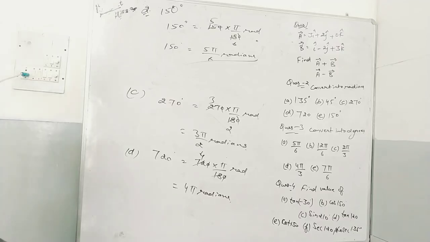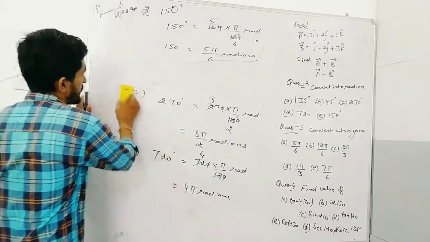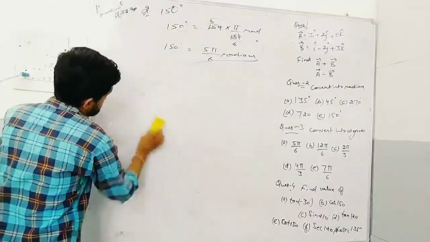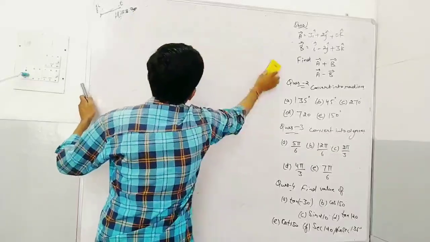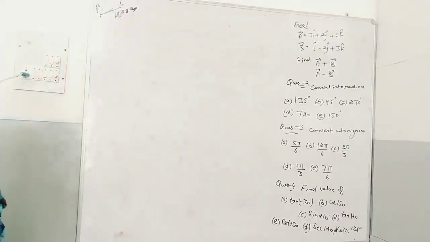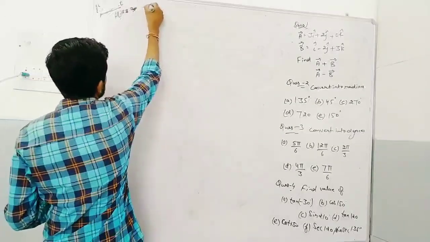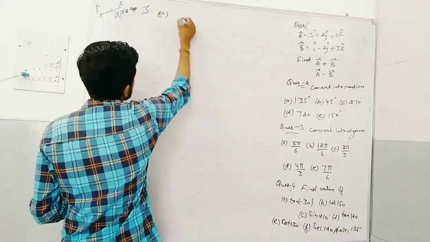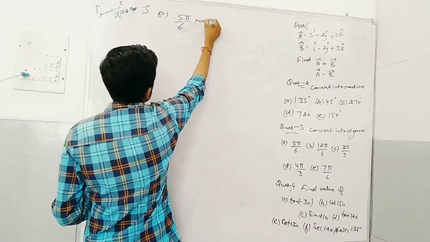Now coming to question number 3, conversion of radians into degrees. A part is 5 pi upon 6 radians.